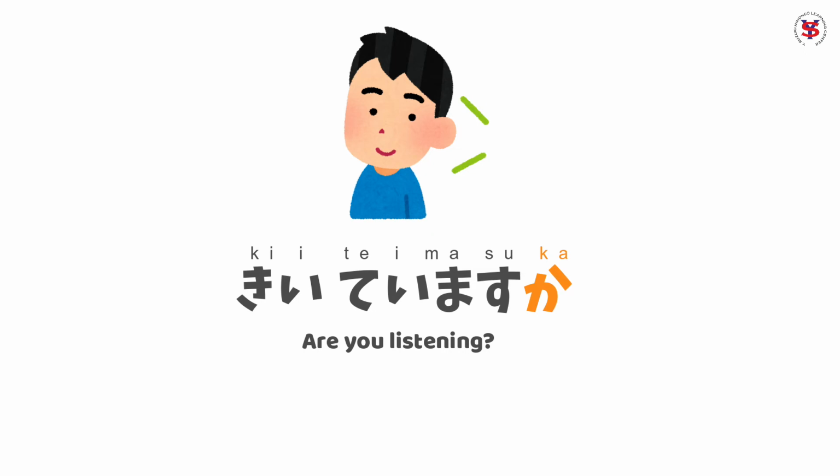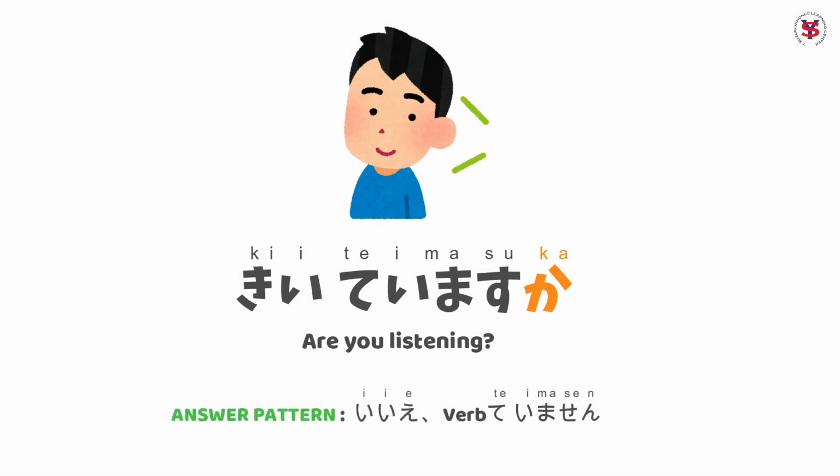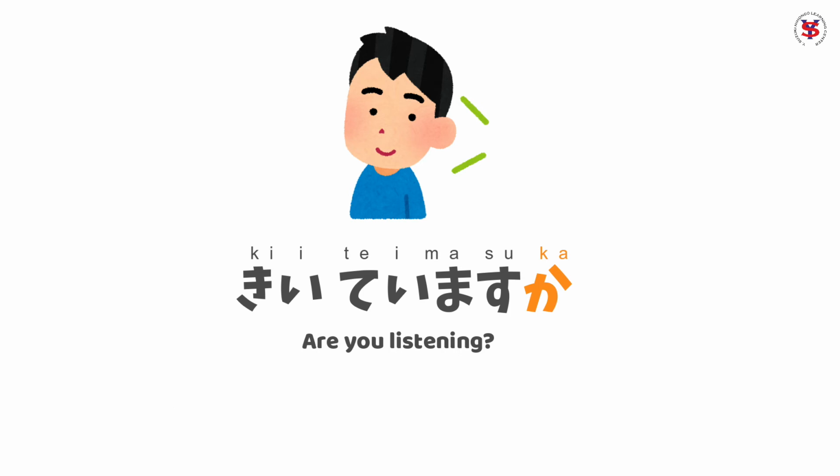Or nakikinig ka ba? Ang pattern naman sasagot natin dito ay hai, verb teimasu for the affirmative answer, and iie, verb teimasen for a negative answer. We're going to use the same verb from the question in our answer. Pareho lang ang gamit natin sa verb. Okay?